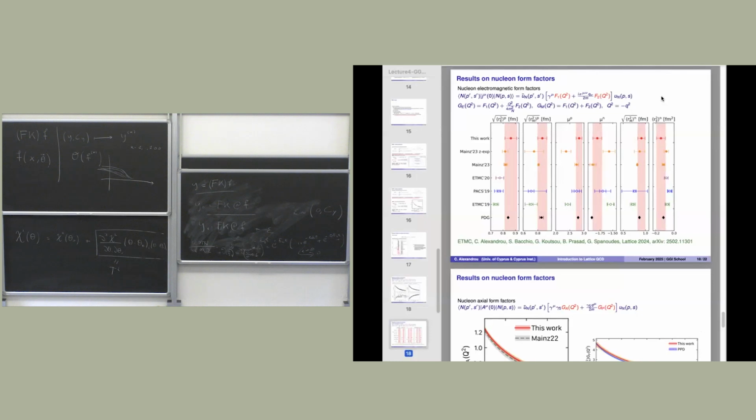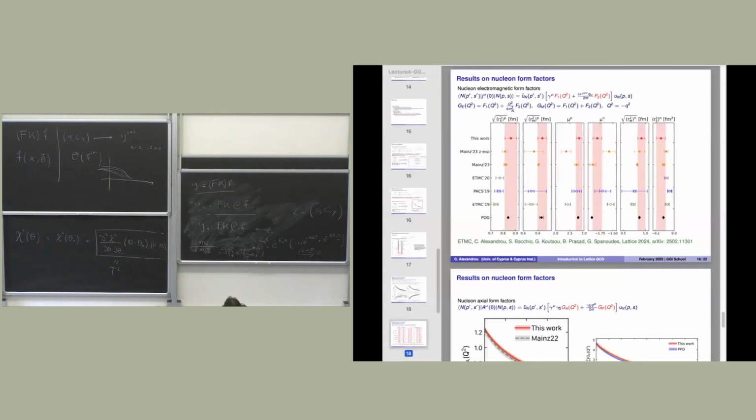Sorry, I have to move a little bit. How do I move this bar now to put full screen?